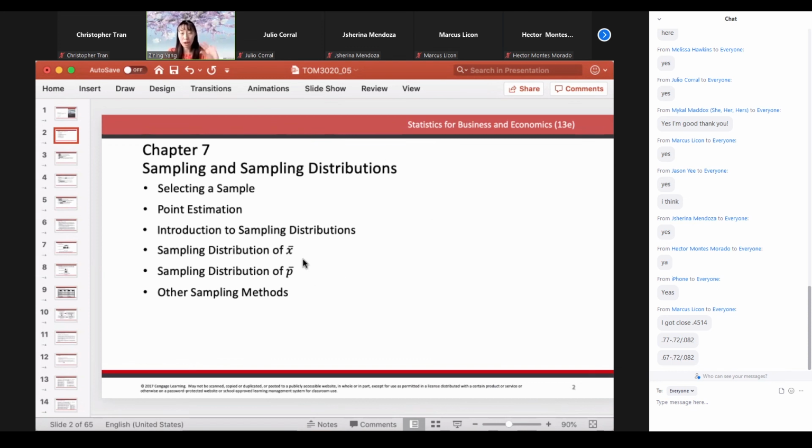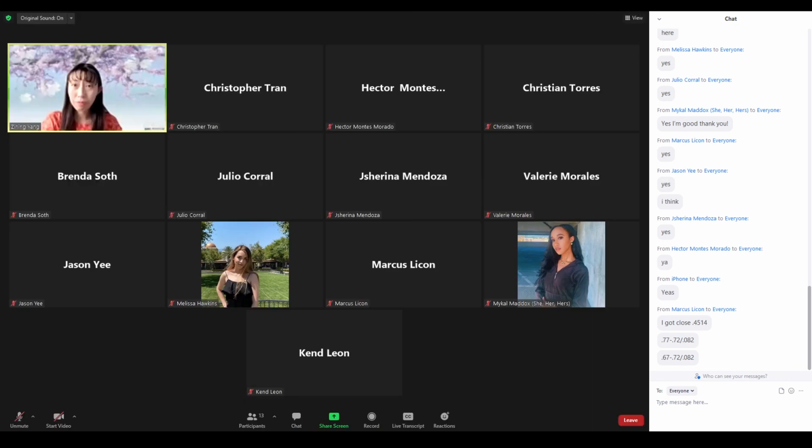Spend more time on understanding the formula, understanding the logic behind the formula, and how to use that to calculate the sampling distribution of the mean and the proportion. So that's the key for chapter 7.